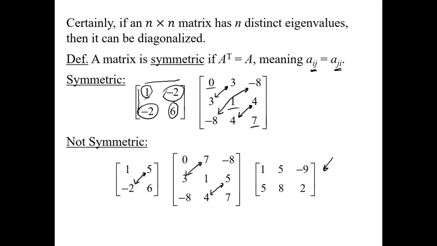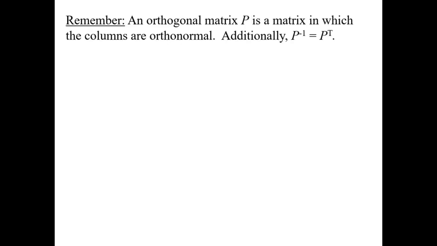Here's why we care. Let's remember an orthogonal matrix P. We talked about this a couple of videos ago. An orthogonal matrix P is a matrix in which the columns are orthonormal. Remember, that means the columns are not only orthogonal to each other, they are also unit vectors.